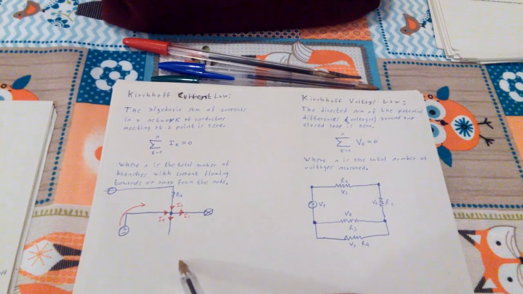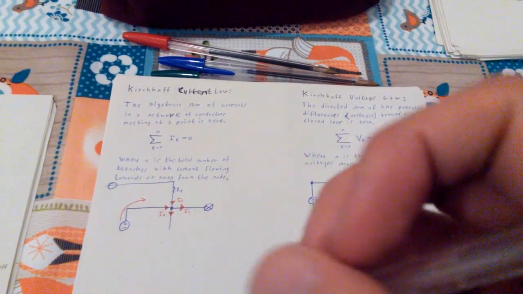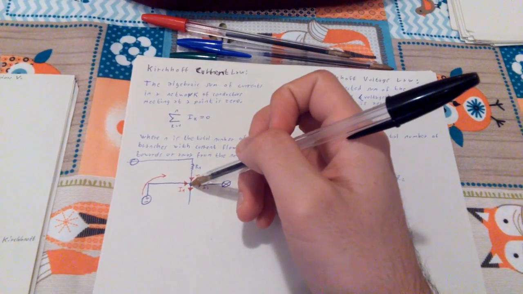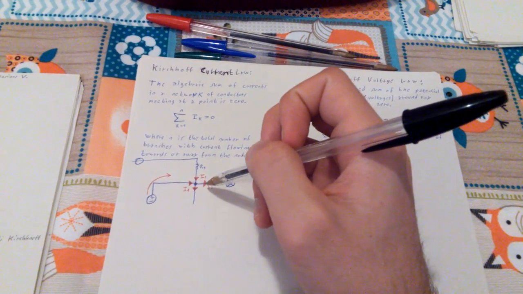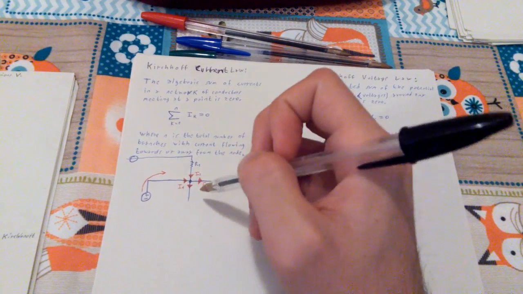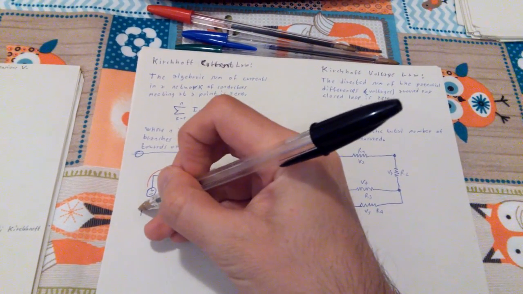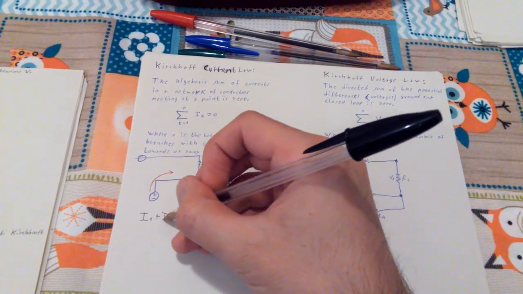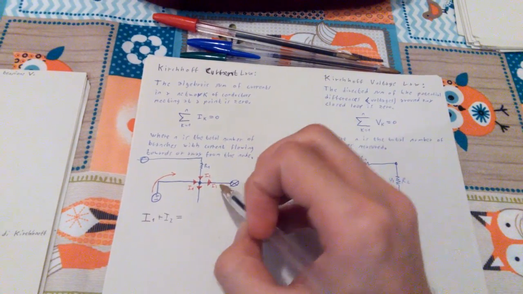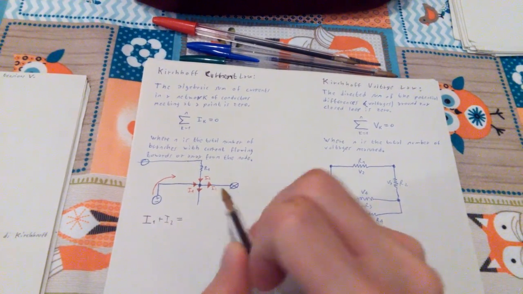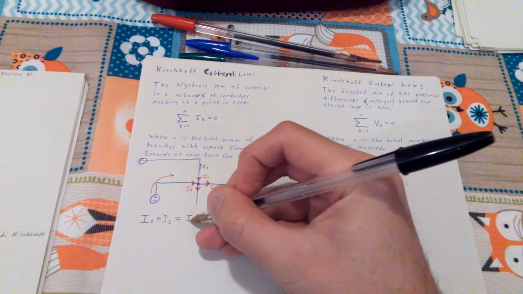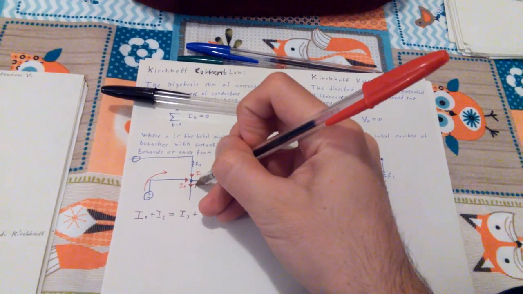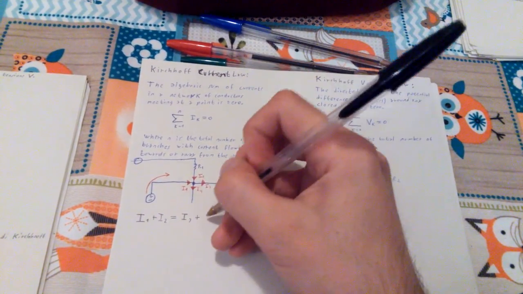So we can actually say this in two ways. The first one is that the sum of the currents entering a node is equal to the sum of the currents going out from this node, which basically means that I can write I1 plus I2 equal to I3 plus I4.